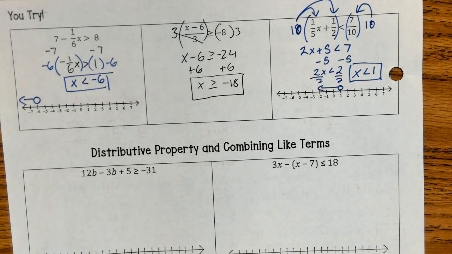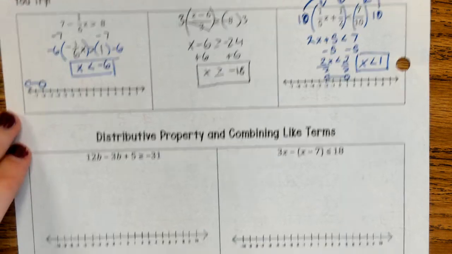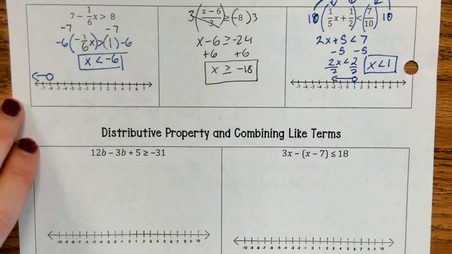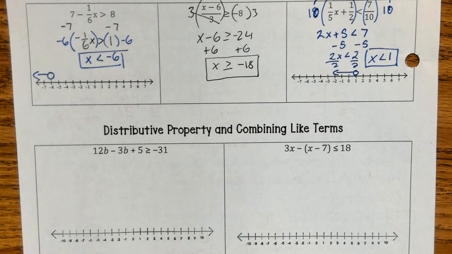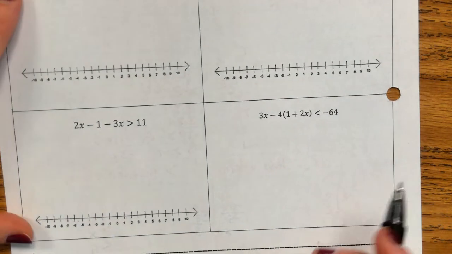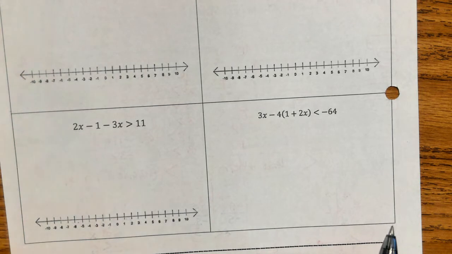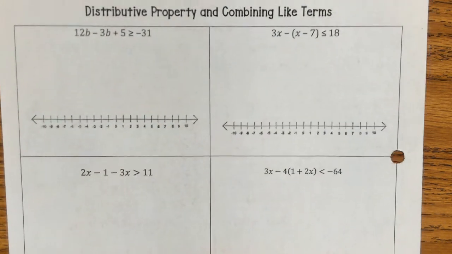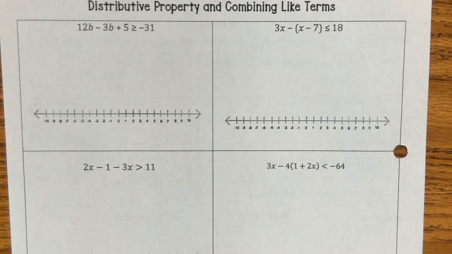All right, just like we did with equations, you also have to do distributive property and combining like terms. So, if you have distributive property and or combining like terms, you get rid of the parentheses first.